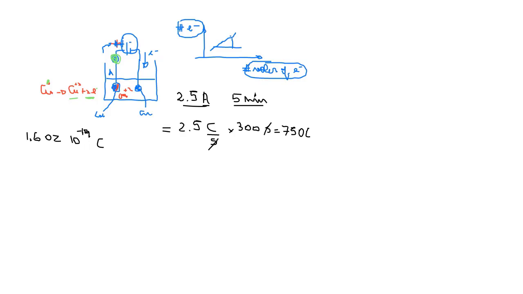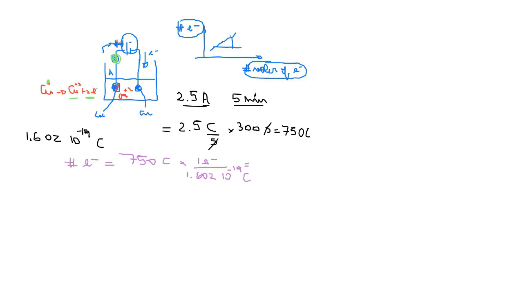So that means that the number of electrons is going to be the electrical charge that we just calculated, divided by the charge of one electron, which is 1.602 times 10 raised to the minus 19 coulombs.